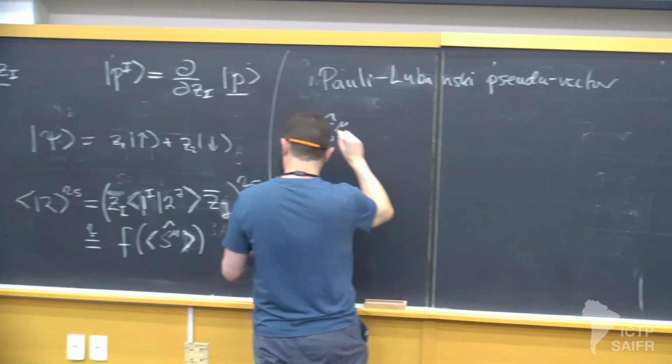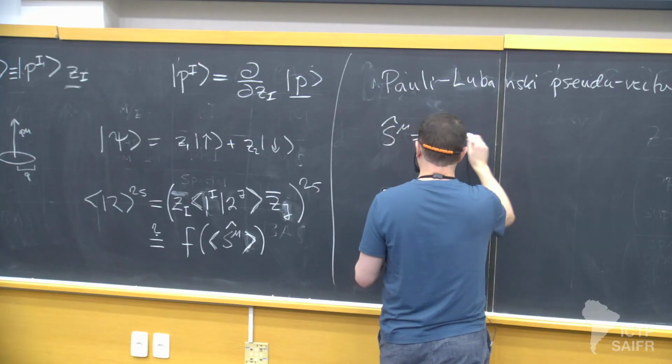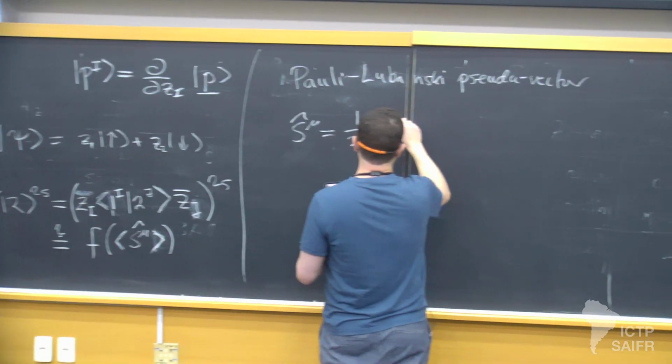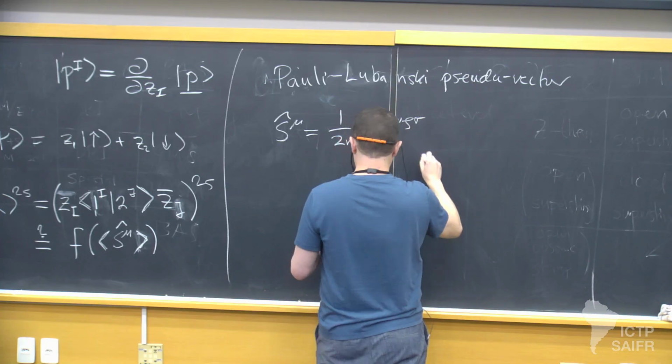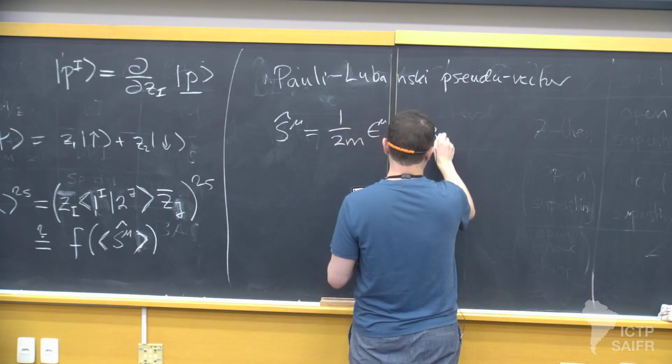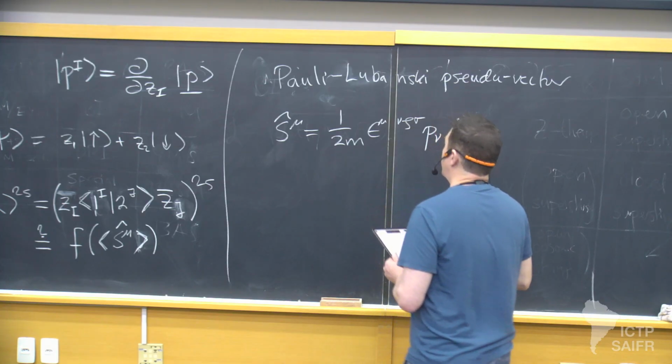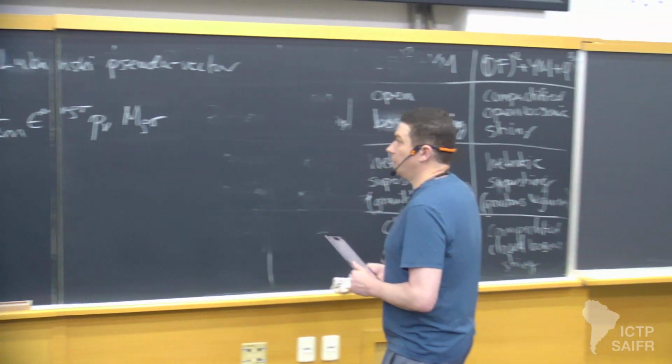I put the hat to remind ourselves that it's actually not a vector, but an operator. But well, it's also a vector, I guess. Okay, so that's the Pauli-Lubanski pseudovector.